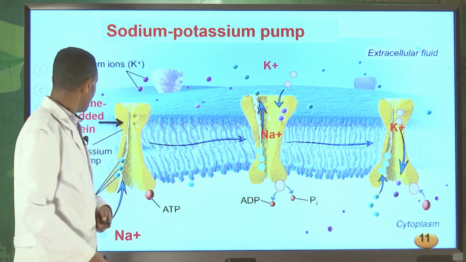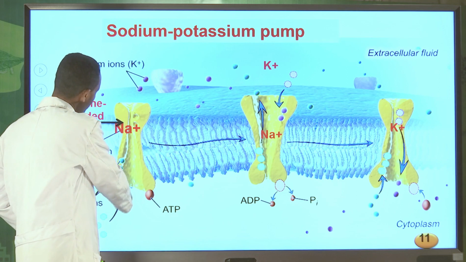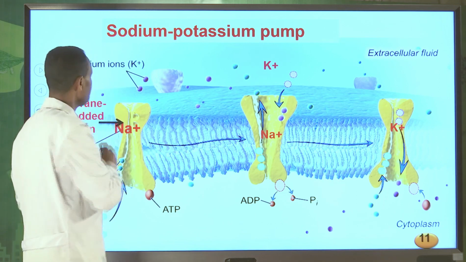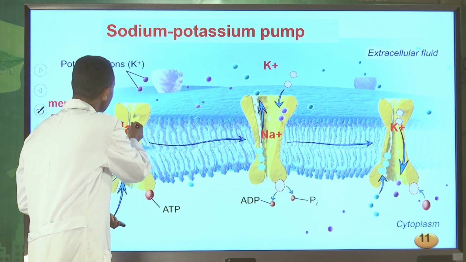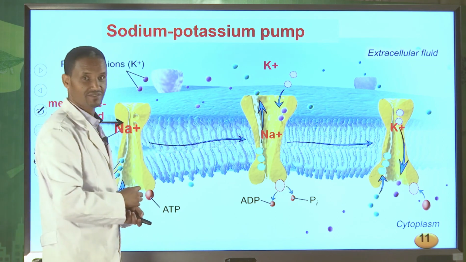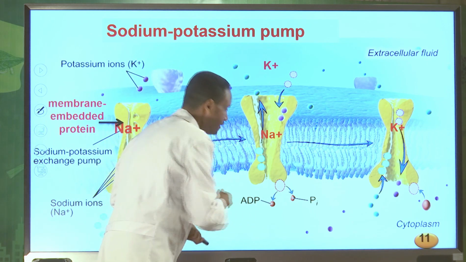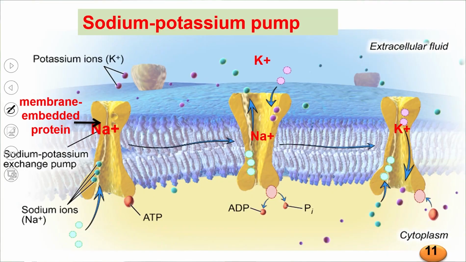Now, let us see how the movement of these ions can take place. For example, in the first case, the sodium ion is pumped to leave the cell, but it cannot pass this point because it is closed. Then, when ATP is hydrolyzed, one of the phosphates becomes attached to the membrane embedded protein.